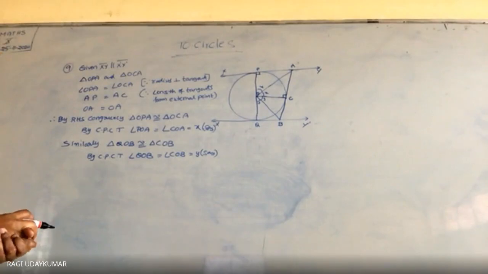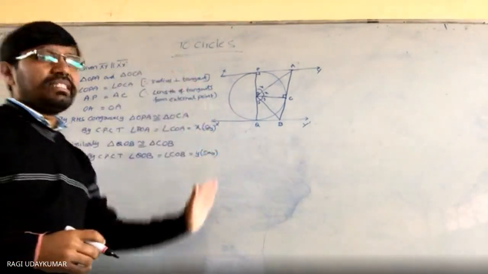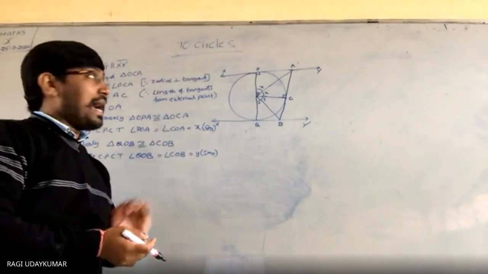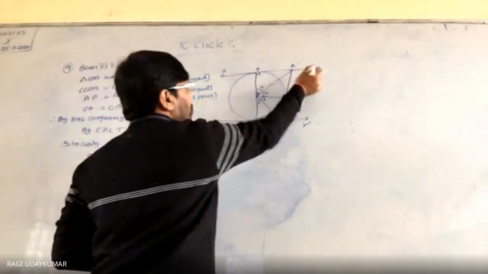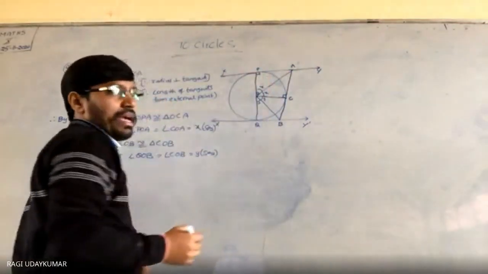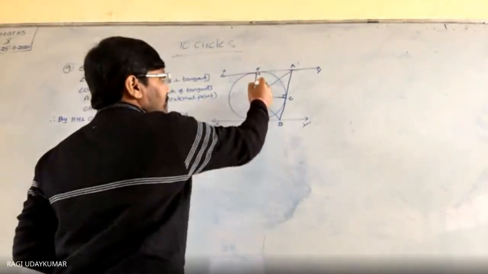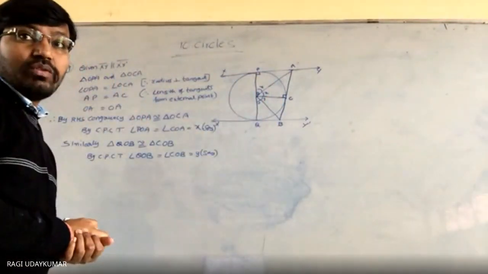Now here, if you consider these two lines to be parallel lines and PQ is a diameter, you need to mention that point. Otherwise, suppose you take these two as not parallel lines. When this is a diameter, the angle at the center O will be equal to 180 degrees.